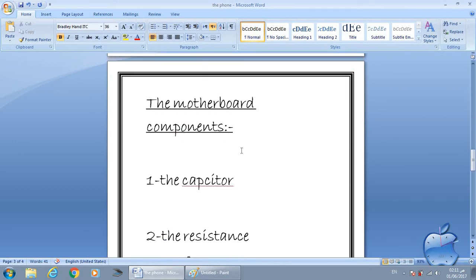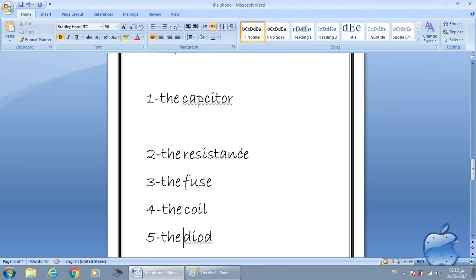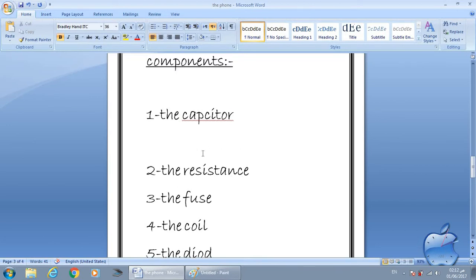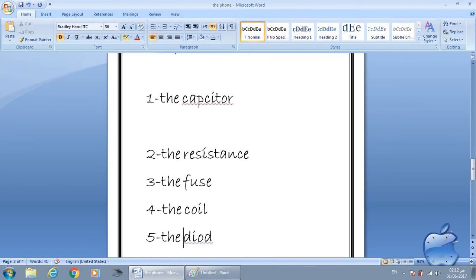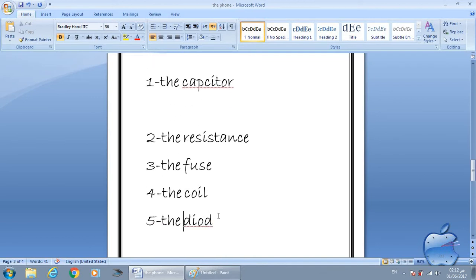And there are only 5 components to know. There are only 5 components and the IC. These are the only things that you would find on any motherboard. These 5 things plus the IC. That's it.